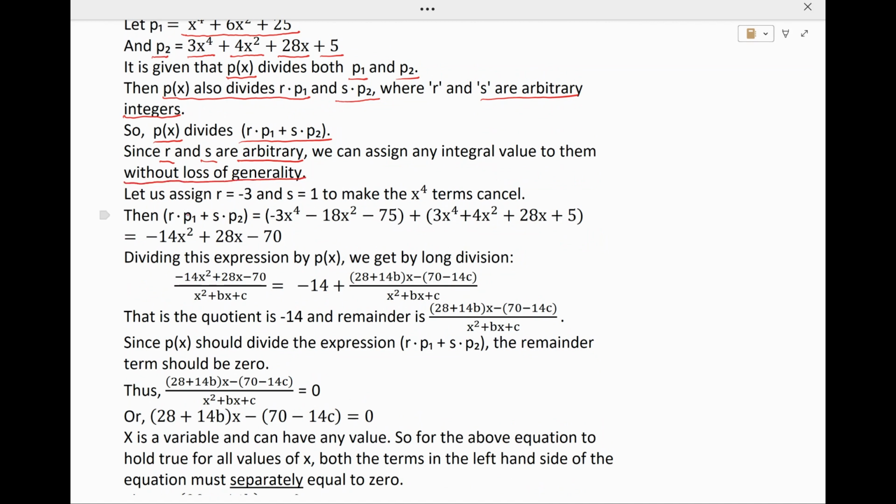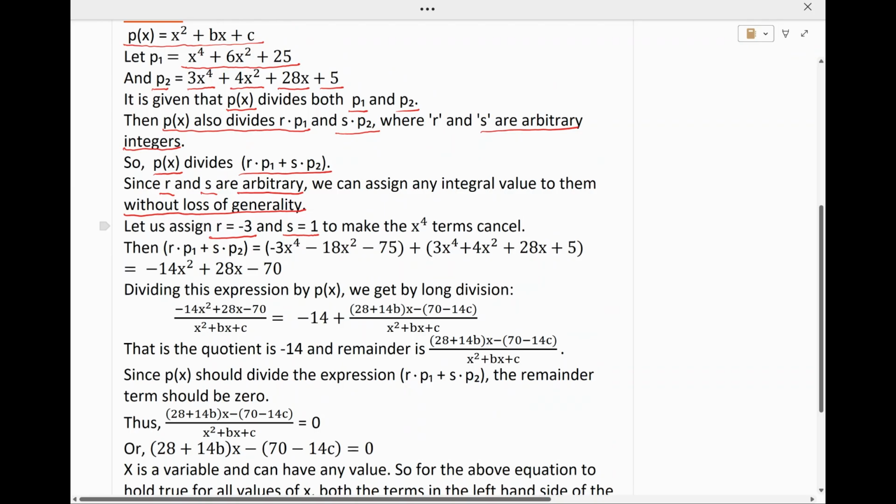Let us assign R equal to -3 and S equal to -1. This is chosen specifically to make the x⁴ terms cancel out, as will be clear below.